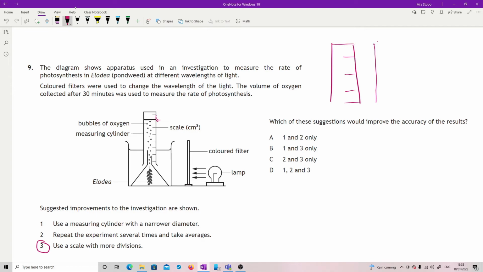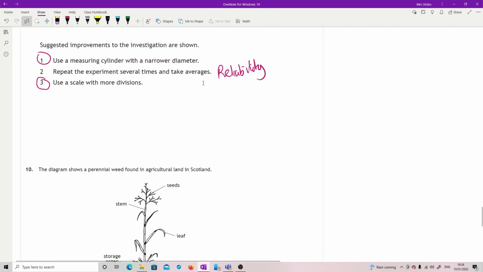If I then use a narrower measuring cylinder and the divisions are the same distance apart, they're not going to be a centimetre cubed this time. They're maybe going to be 0.5 of a centimetre cubed. So a narrower diameter will allow you to have a more accurate reading. Repeating the experiment several times is all about reliability. It is not about accuracy. So the correct answer for that one is B.